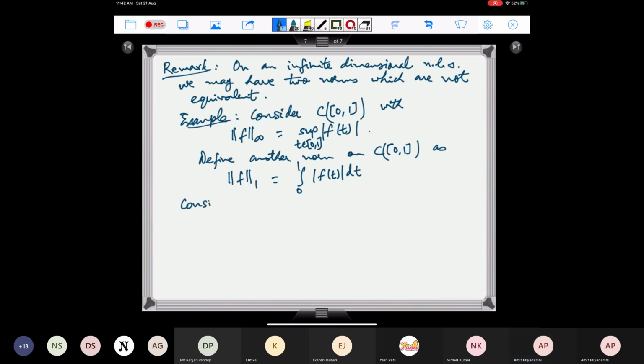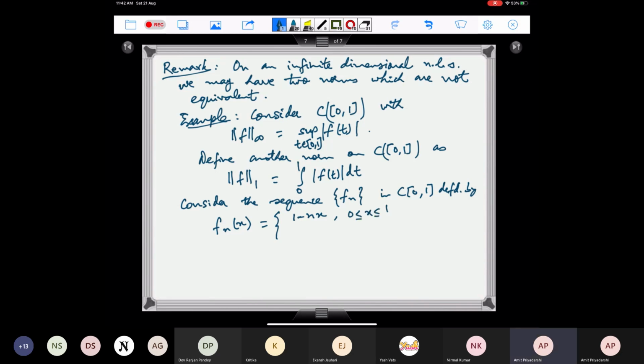Consider the sequence f_n in C[0,1] defined by f_n of x equal to 1 minus nx if x is between 0 and 1 by n, and it is 0 if x is bigger than 1 by n up to 1.